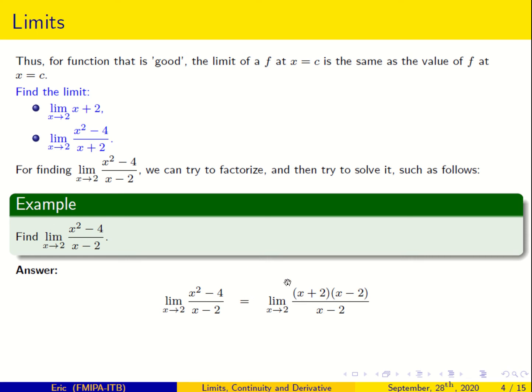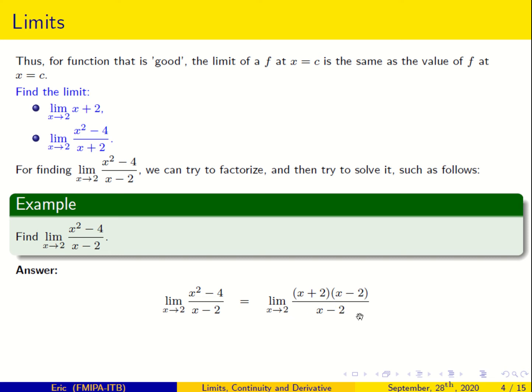Don't forget, when we are talking about limit, we are talking about the condition or the value of this function near x equals 2, but not at x equals 2. So I don't care about what happens at x equals 2; the limit only deals with x near 2, in the neighborhood of 2, but not 2.